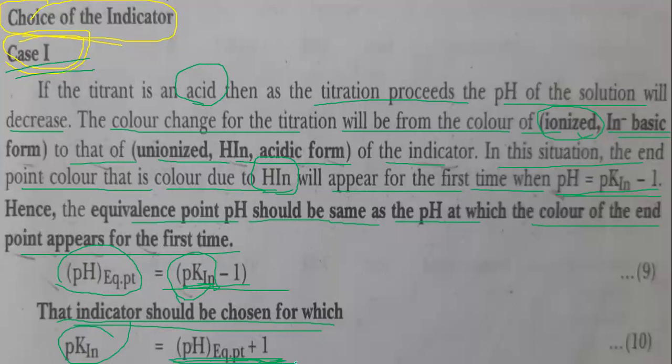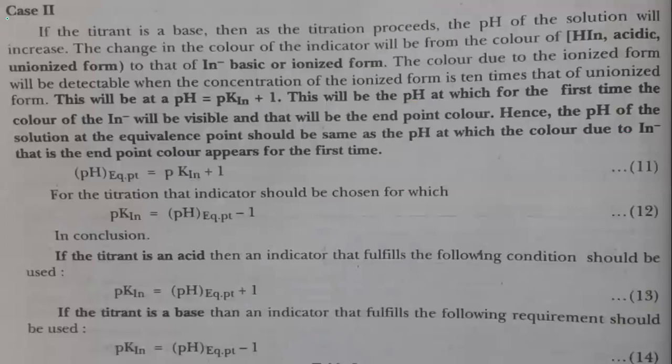Now, what is the second case? In the first case, pH was shifting towards the acidic side, that means unionized form. Now here pH is shifting from the unionized form towards the ionized form, from acidic to basic, when the indicator shows its color for the basic pH.